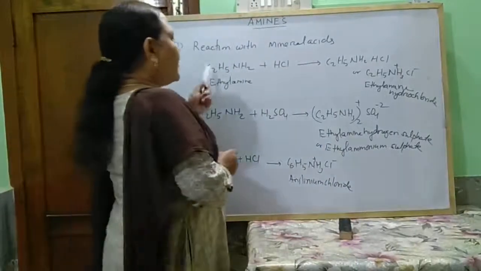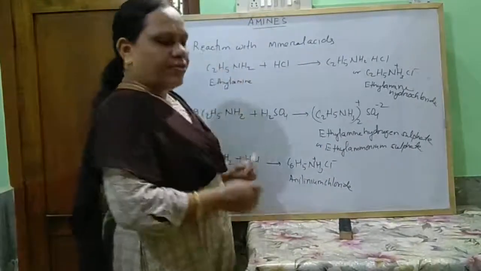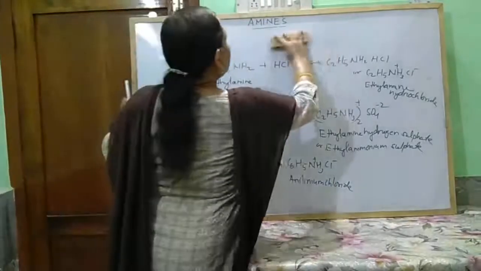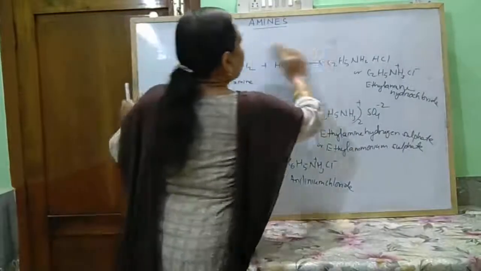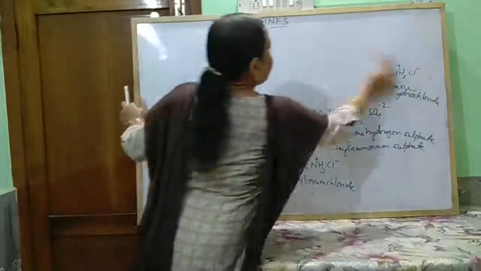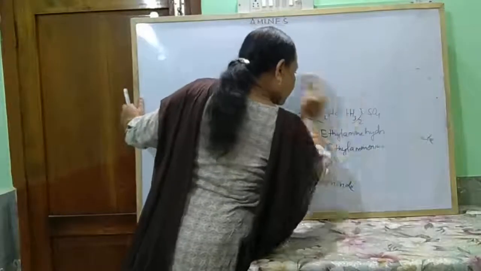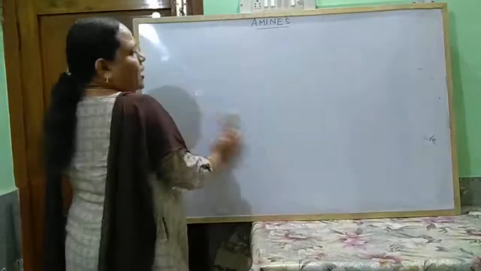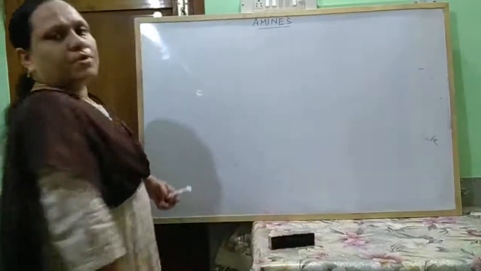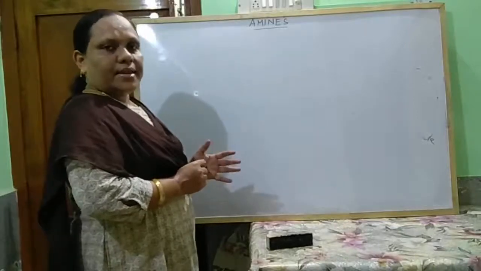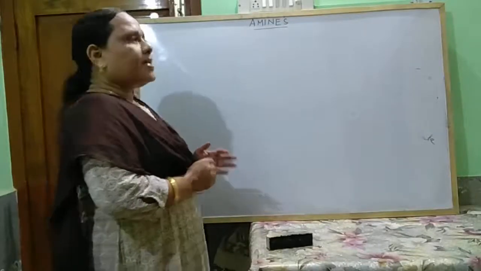Next, as these contain a lone pair of electrons, they also react with transition metals to form complex compounds like that of ammonia. Ammonia, due to the presence of a lone pair of electrons, acts as a nucleophile and forms complexes with transition metals.